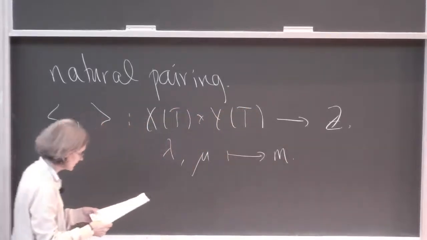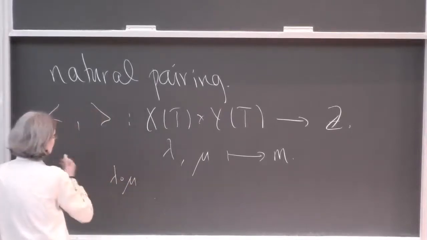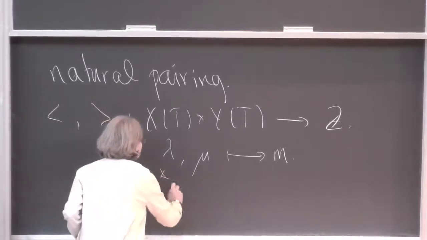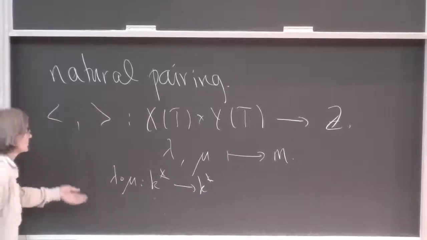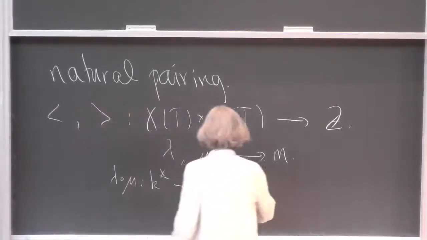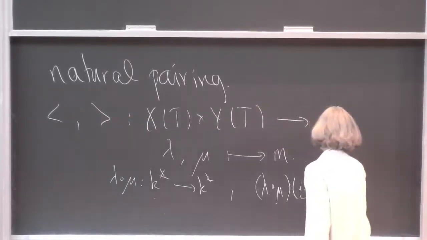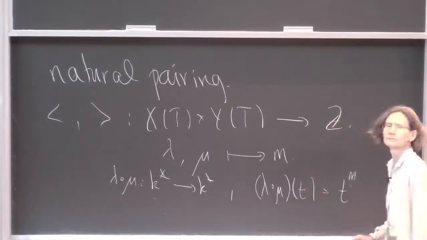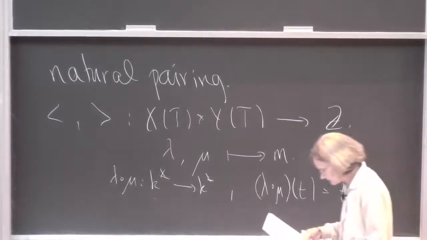If I do lambda composed with mu, then mu goes from the field into the field. It's a morphism of algebraic groups, and maps like that are given by an integer power. And so lambda composed with mu of t is equal to t to the m. Okay. So that's the definition of this pairing.